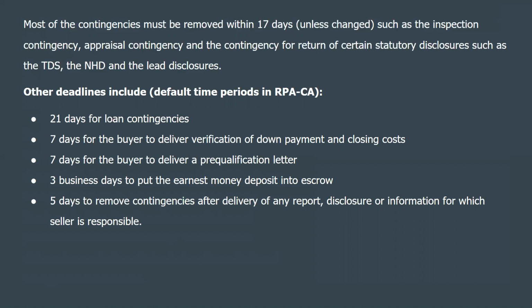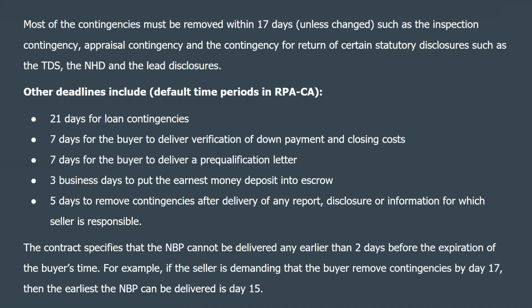Obviously, these can all be changed, but these are the defaults: 21 days for loan contingencies, 7 days for a buyer to deliver verification of down payment and closing costs, 7 days for the buyer to deliver pre-qual letter, 3 business days to put earnest money deposit into escrow, 5 days to remove contingencies after delivery of any report, disclosure, or information for which seller is responsible.